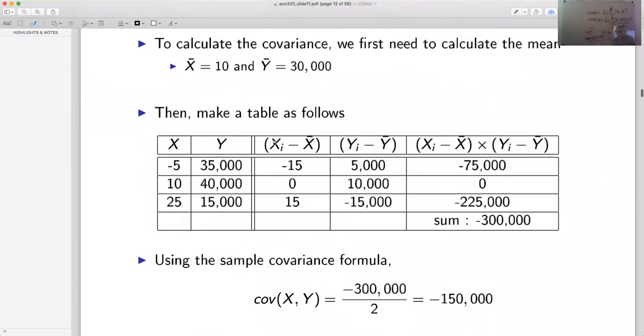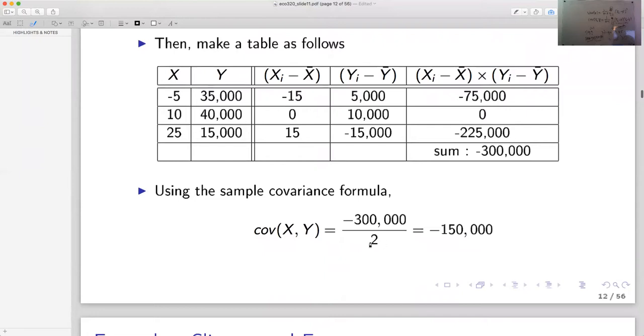Then what you need to do is xi minus x bar. x was negative 5 and x bar was 10, so negative 15, 0, 15. Similarly, you can do yi minus y bar. y1 is this part, so it's going to be 35,000 minus 30,000, which is 5,000. Multiply these two, it's negative 75,000. Finally, you can add everything up. So this is a summation. And how many observations do we have? 1, 2, 3. But you need to subtract 1 from here.